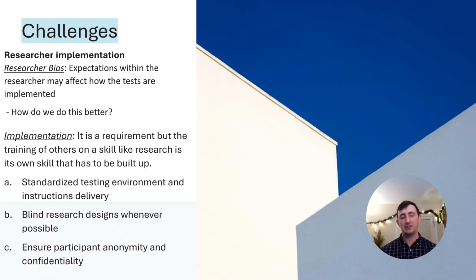Lastly is that implementation piece. If you are the head researcher, you are likely going to be implementing a lot of the research itself. You'll probably be conducting interviews, giving surveys, but you probably won't be the only one. So making sure that you train other people, other researchers, assistants correctly and completely is kind of its own skill, but it's important. I have to make sure that every assistant who gives my survey does it the same way I would, right?